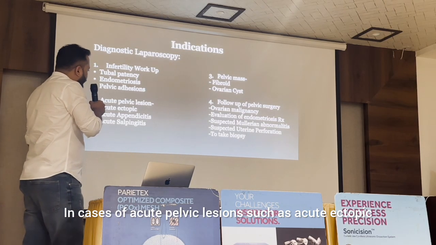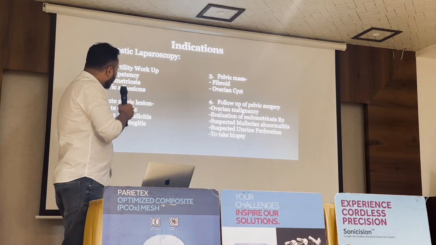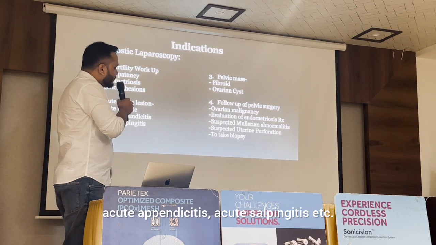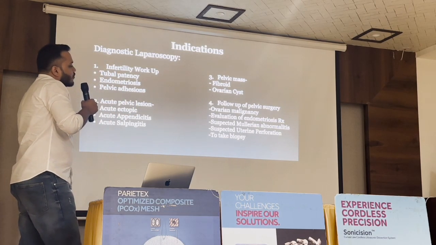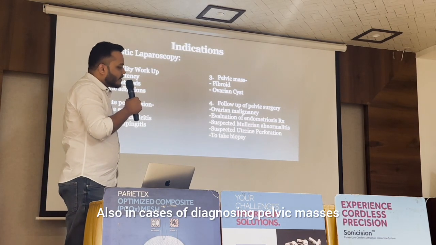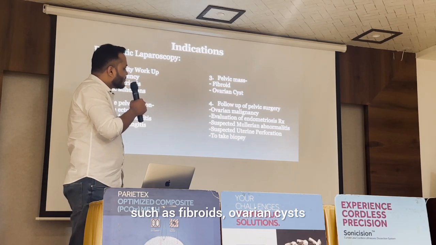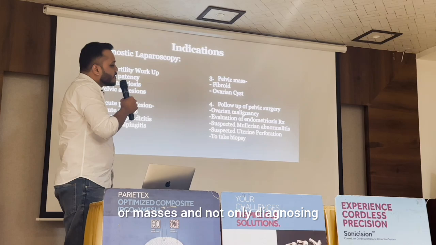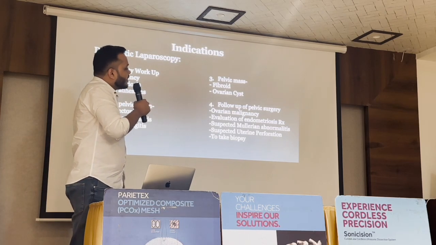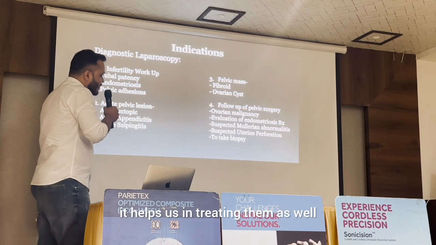In cases of acute pelvic lesions such as acute ectopic, acute appendicitis, acute salpingitis, etc., laparoscopy is of great help. Also, in diagnosing pelvic masses such as fibroids, ovarian cysts, other adnexal cysts or masses, it helps us not only in diagnosing but in treating them as well.